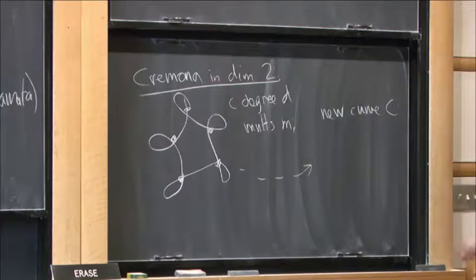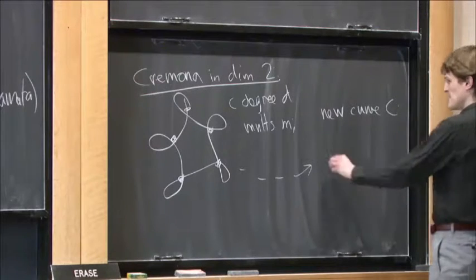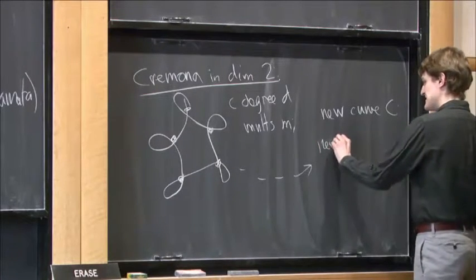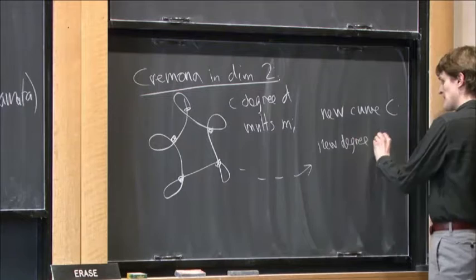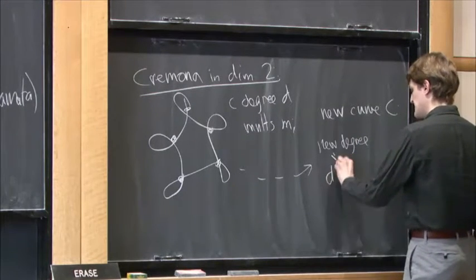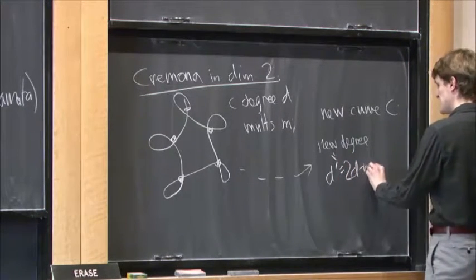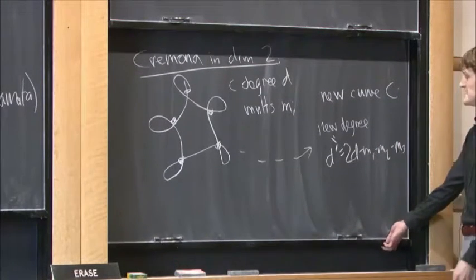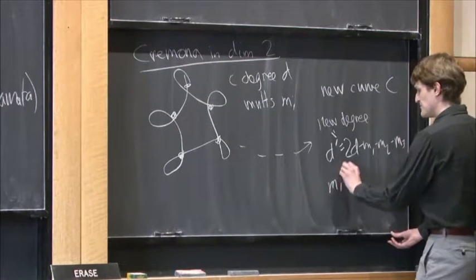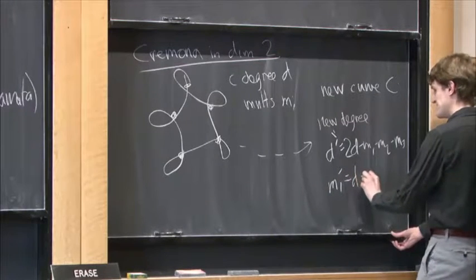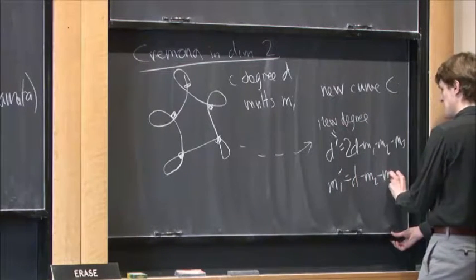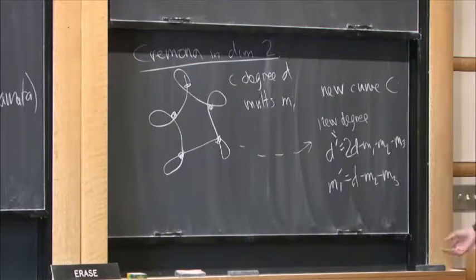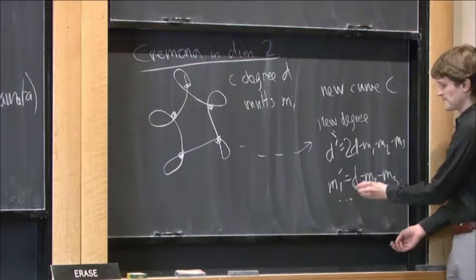I think it's actually a problem in Hartshorne, so I won't do it now. But the new degree is going to be 2d minus the sum of the multiplicities at the 3 points where your transformation was centered. And the new multiplicities are going to be d minus the sum of the other 2 multiplicities of the points you were centered at.